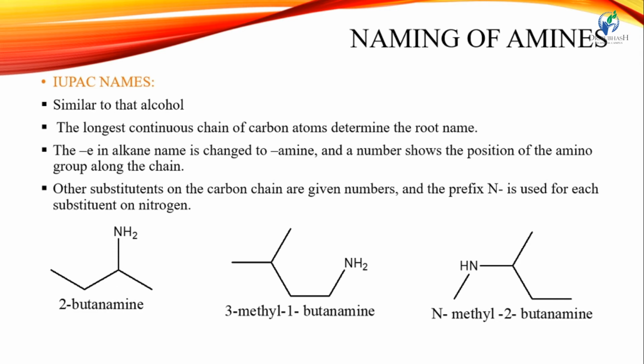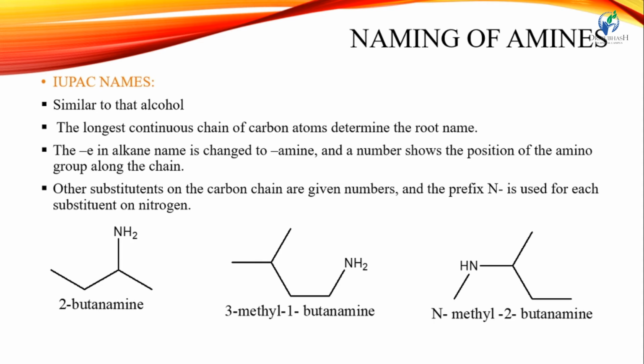The longest continuous chain of carbon determines the root of the name. First find the number of carbons in the structure: if 4 carbons are present, it is butane; 5 carbons, pentane; 3 carbons, propane. So the longest continuous chain of carbon atoms determines the root of the name.